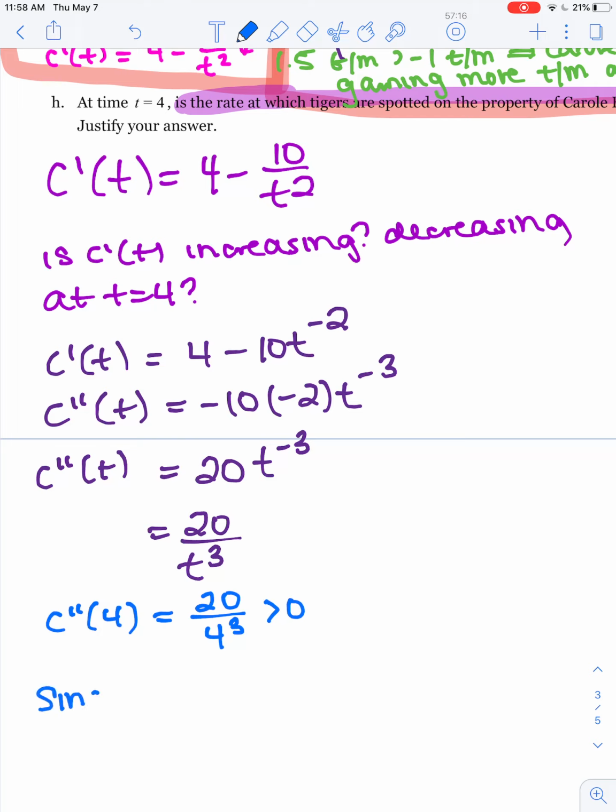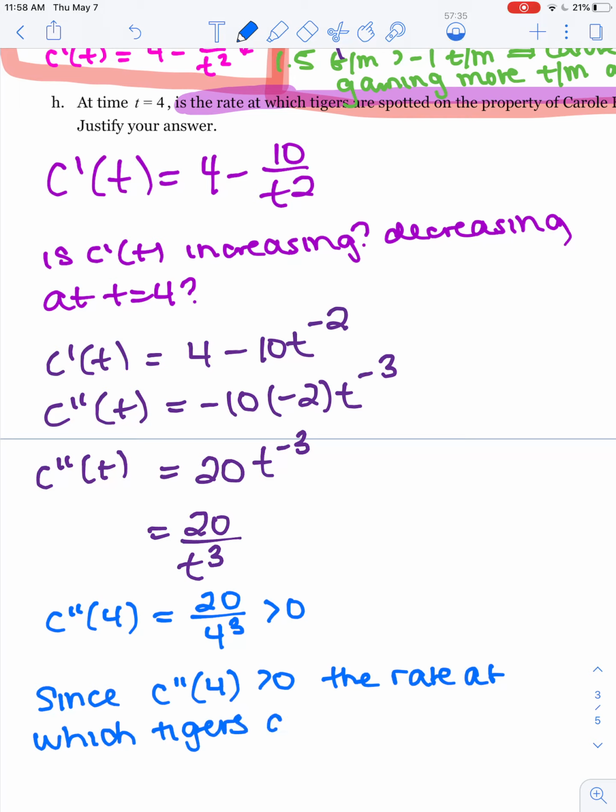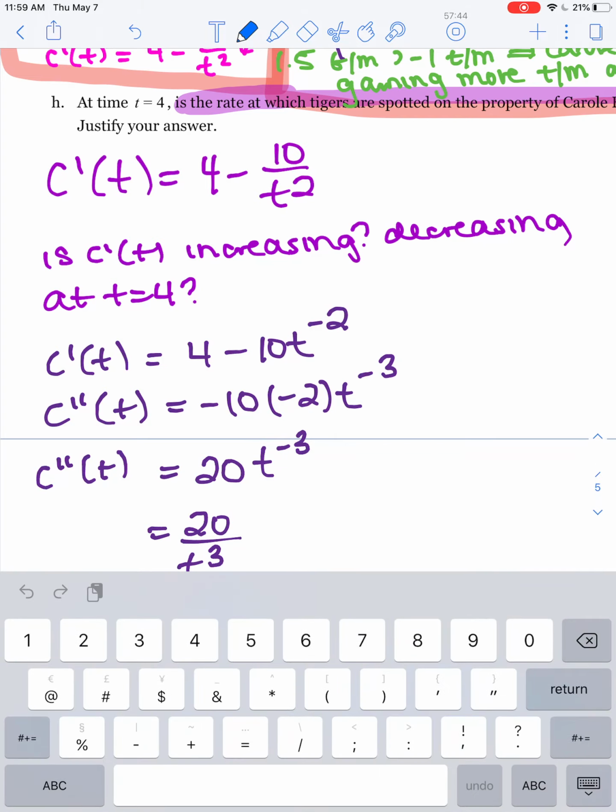So since c double prime of 4, the second derivative of c evaluated at 4, is greater than 0, we can say the rate at which tigers are spotted at Carol's... Oops.